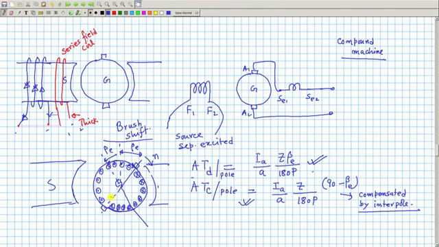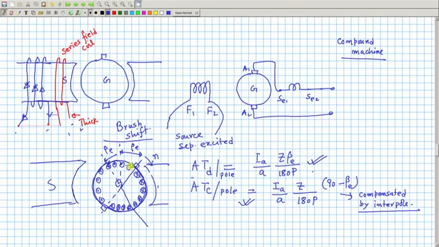Earlier I was telling 70%. Now that 70% is taken care of by this. I have not taken all the conductors, cross magnetization only up to this, and only these conductors are relevant. So, I will calculate the number of turns of the interpole by dividing this by the armature current.